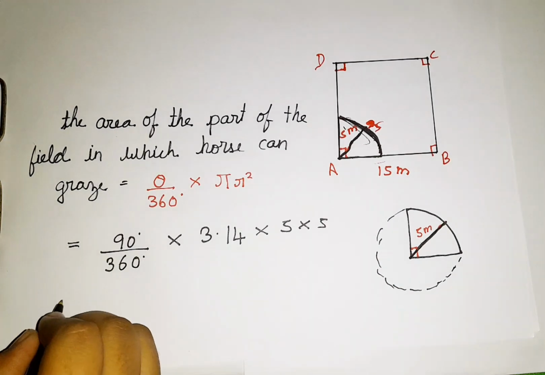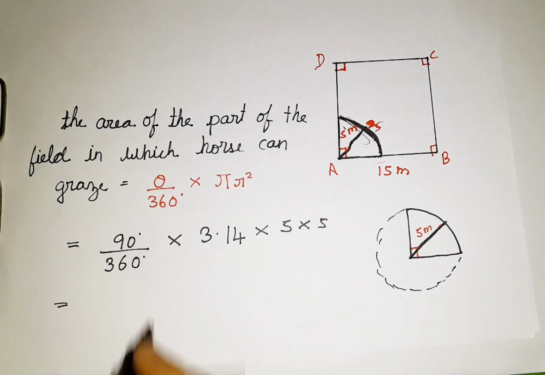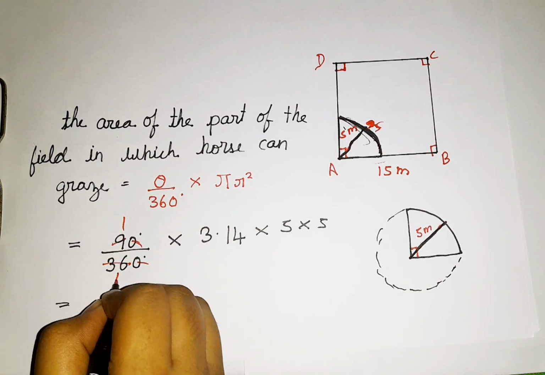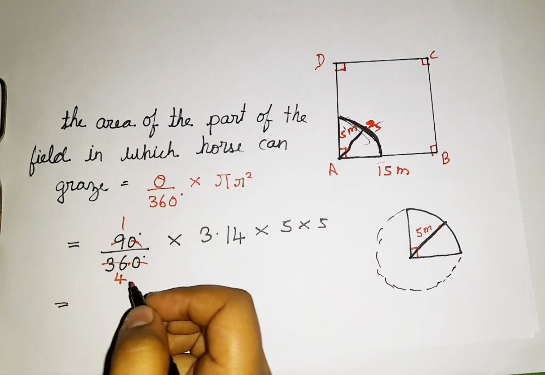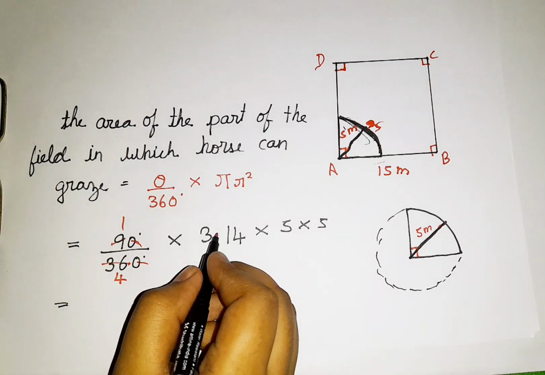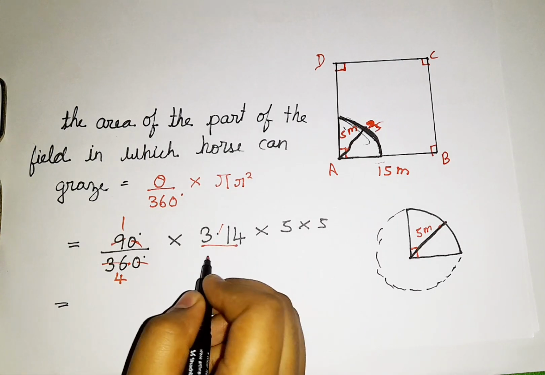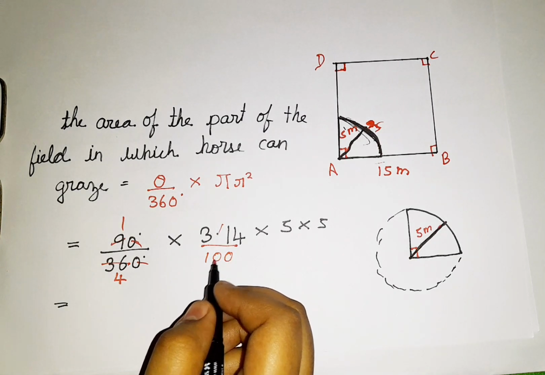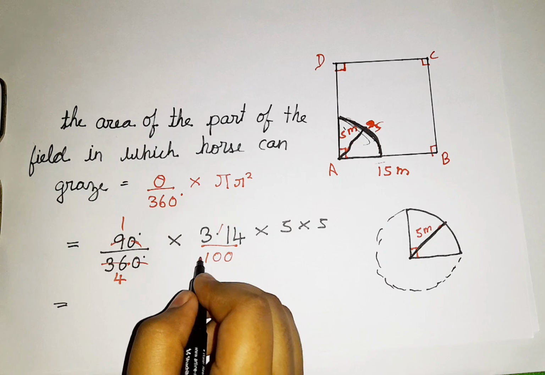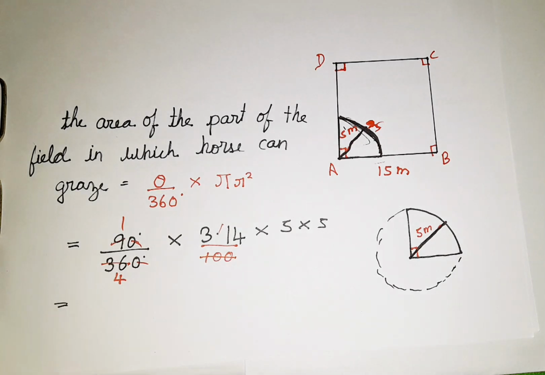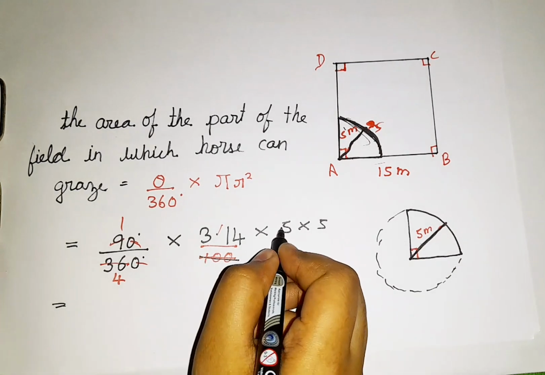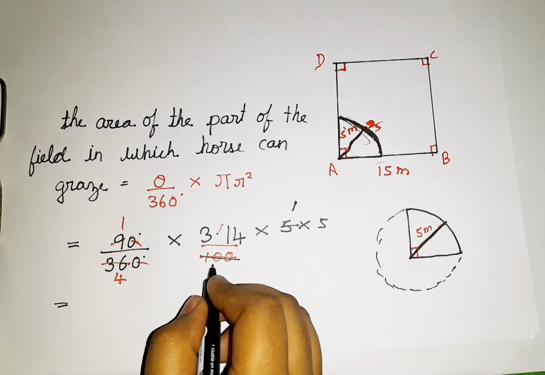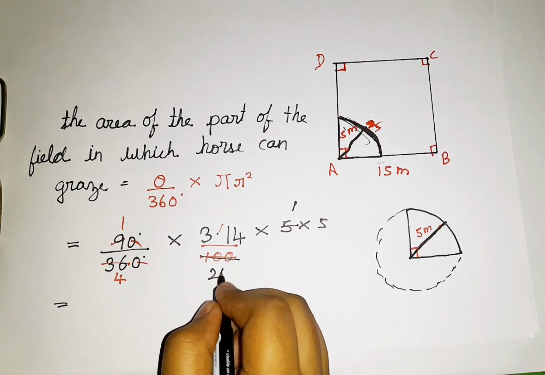Now let us cancel zeros. 1 9 is 9, 4 9s are 36, and then we can take off the point, so it becomes 100. We can cancel this 100 and this 5 in the 5 table: 1 5 is 5, and 5 2s are 10, so 20.